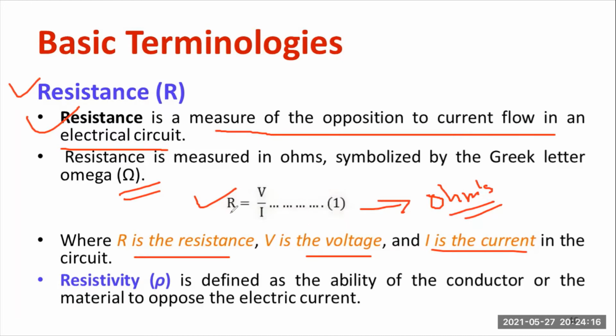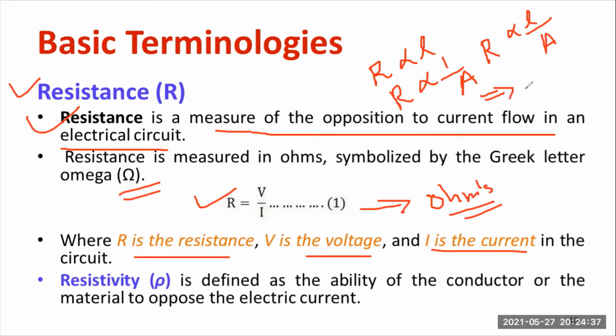Similarly, there is another terminology called resistivity. You know that resistance is directly proportional to the length of a conductor, and inversely proportional to the area of the conductor. By combining these two, I can write R is directly proportional to L by A. In order to remove the proportionality constant, I'll introduce a constant called rho. So R is equal to rho into L divided by A. This rho is known as resistivity, or specific resistance.